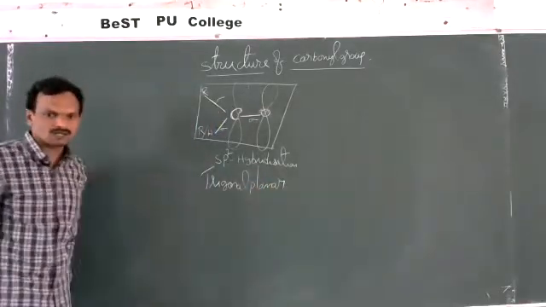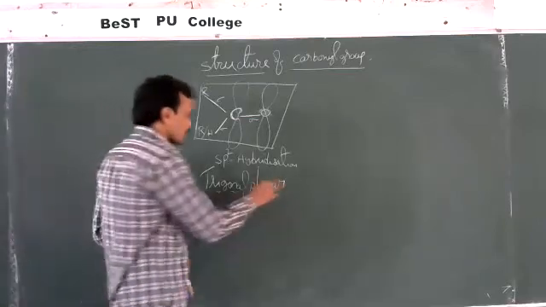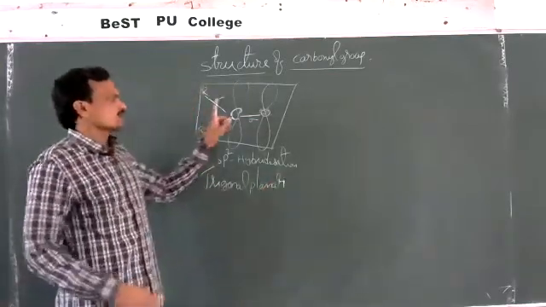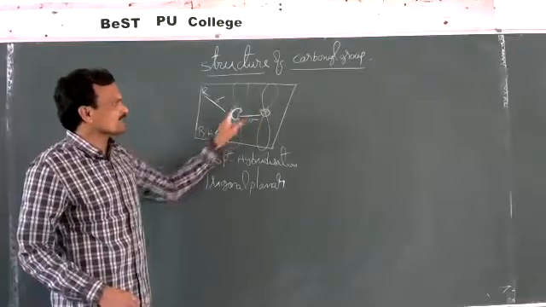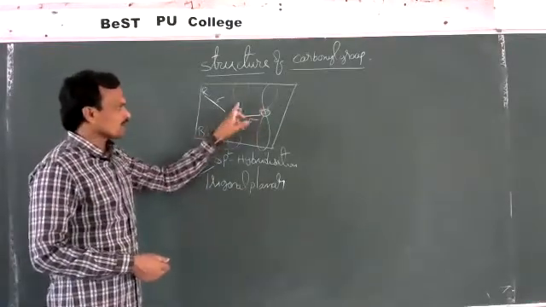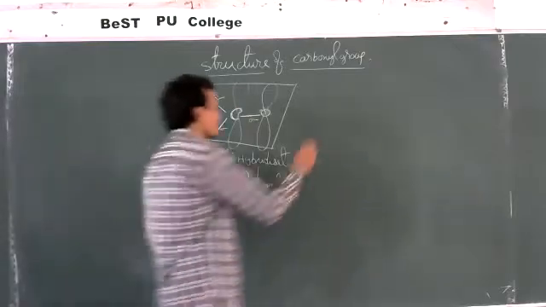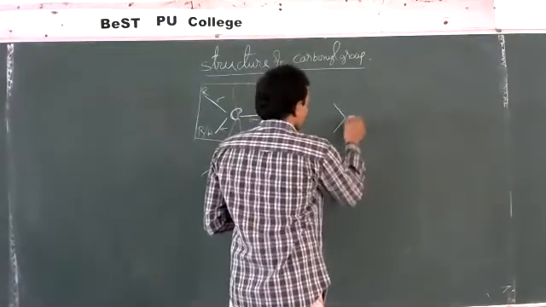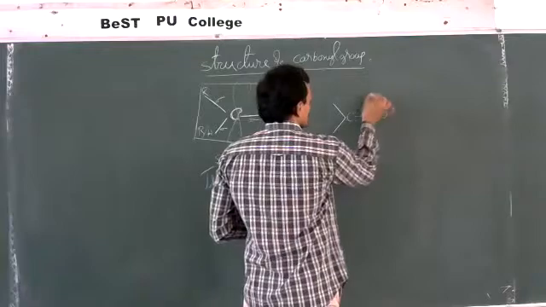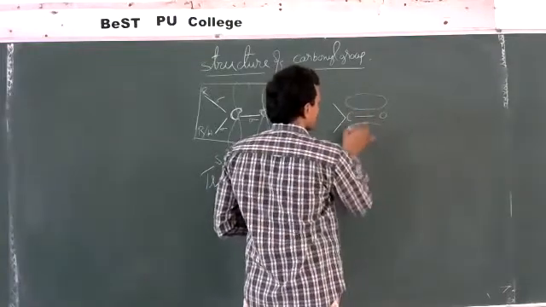The remaining unhybridized p orbitals of the carbon atom and oxygen atom overlap above the plane and below the plane. That means here and here, like this.